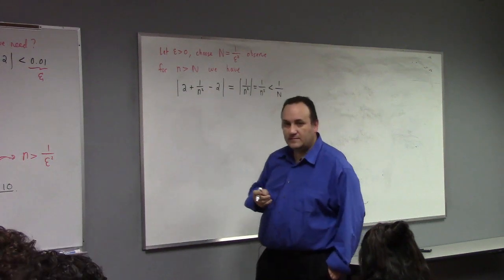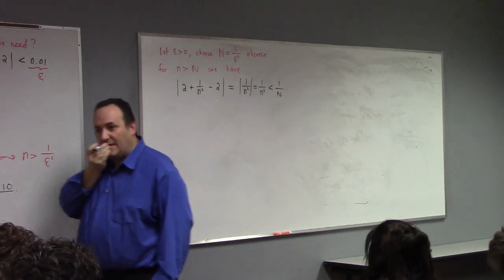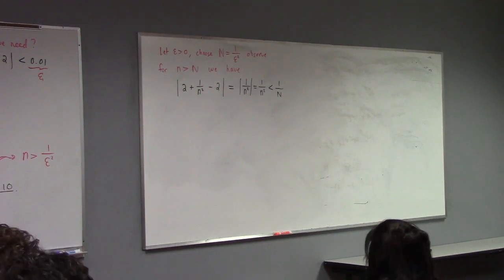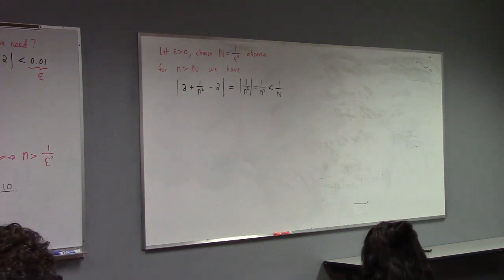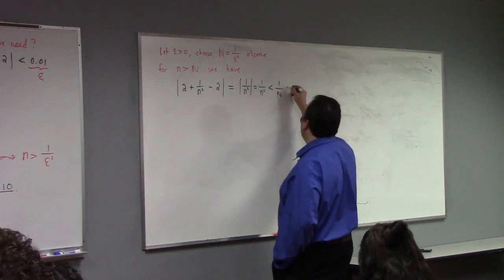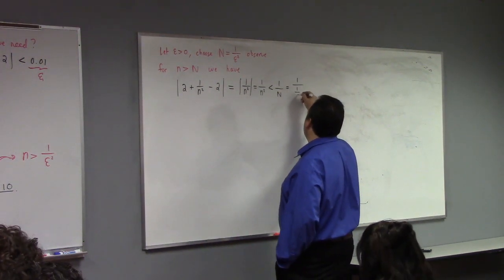How do I know that? I'm assuming that n is greater than big N, which means if we make the denominator smaller, we've made the fraction larger. But then, what is big N equal to? 1 over epsilon squared.